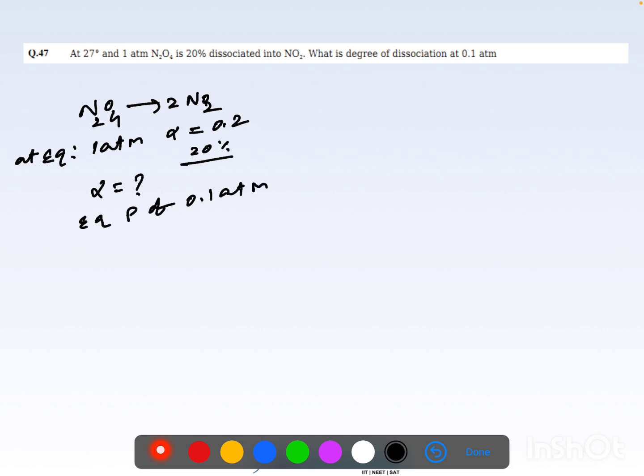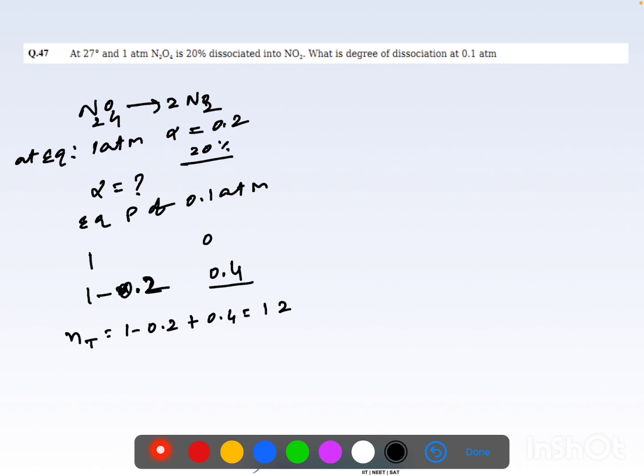Here we don't know the number of moles of N2O4, so we assume that initially it is 1 mole and 0 for NO2. The degree of dissociation is 0.2, so out of 1, 0.2 is reacting. It will produce 0.4 moles of NO2. So total moles will be 1 minus 0.2 plus 0.4, which is 1.2.